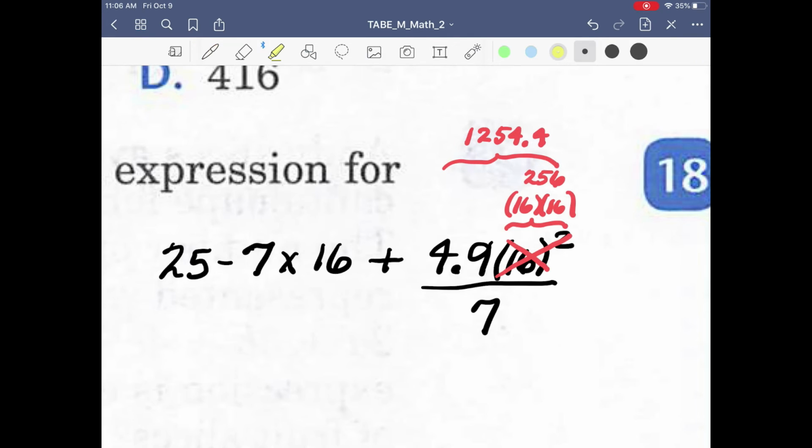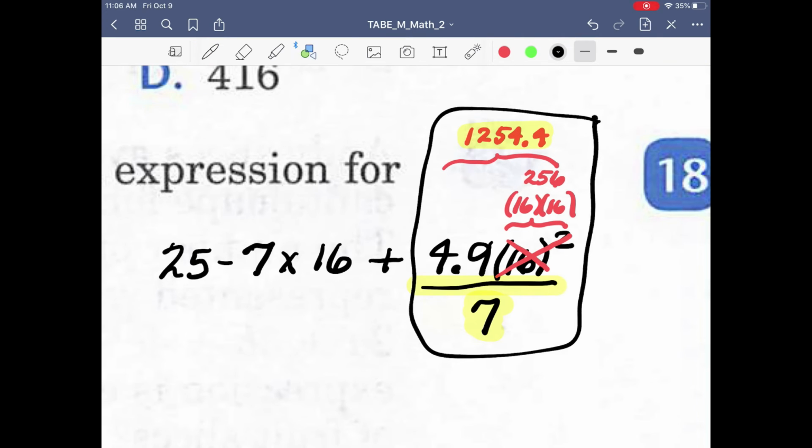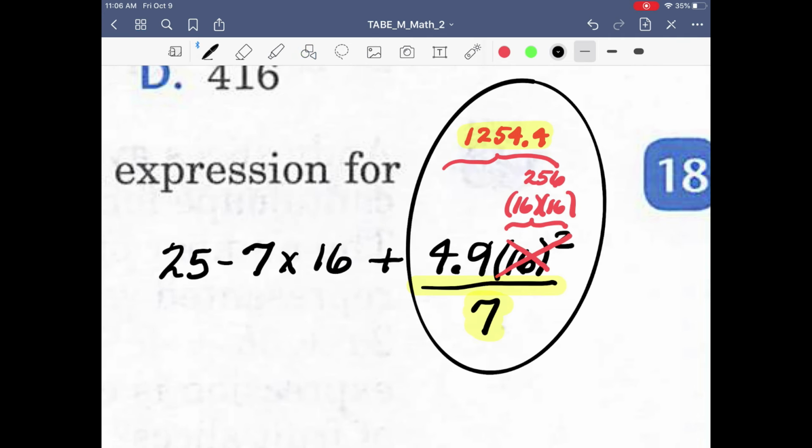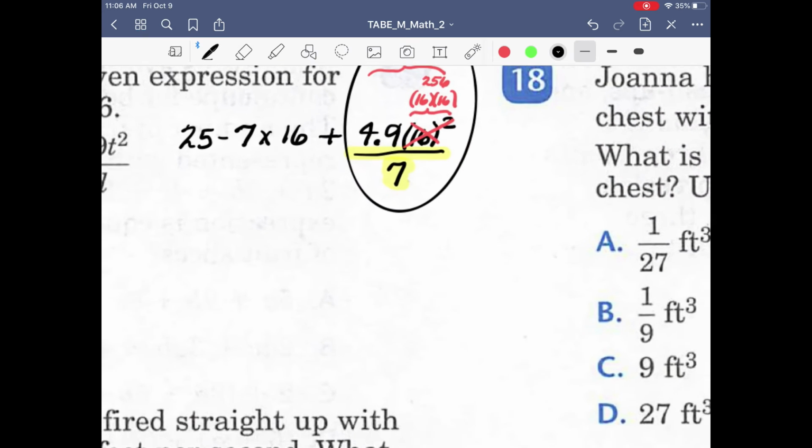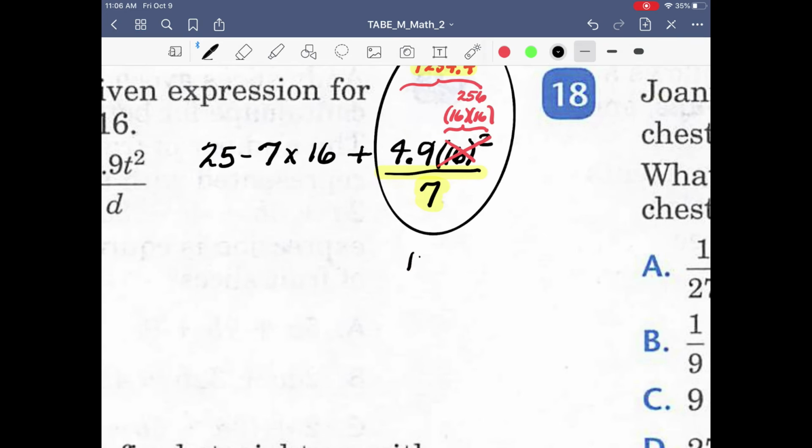The next thing we're going to do is take this number and divide it by 7. So while it's on your calculator screen, just hit divide 7. And you come up with, in place of this big mess, 179.2.